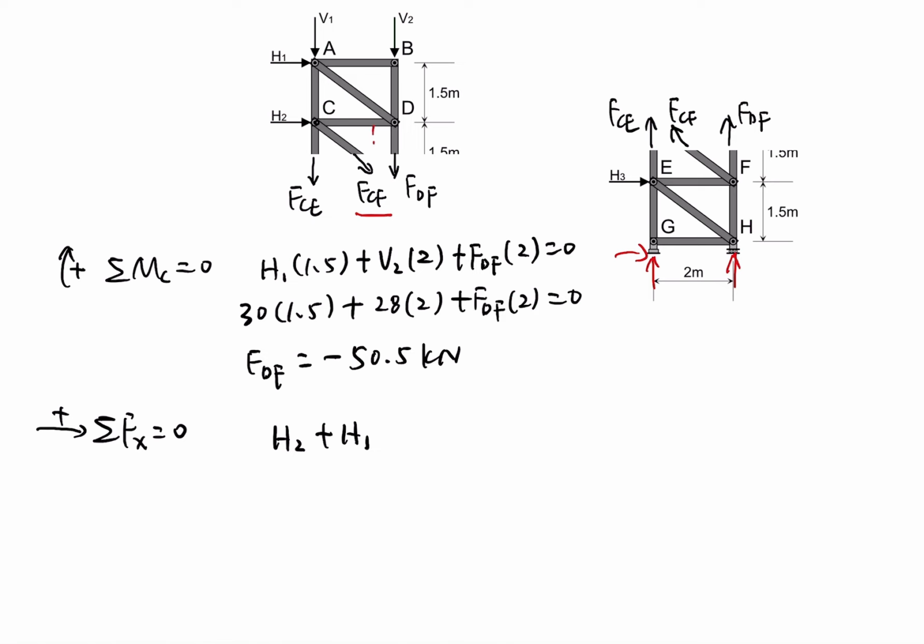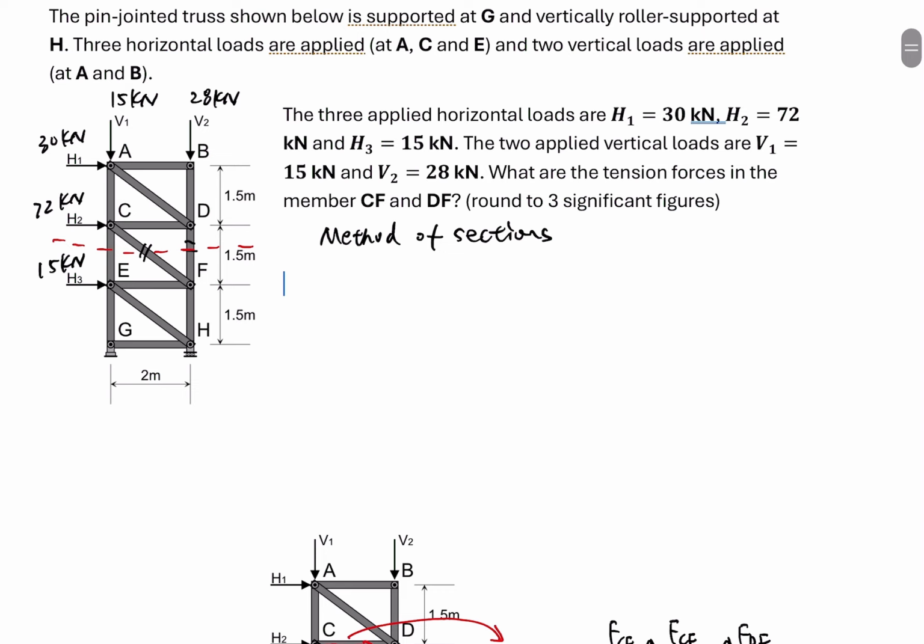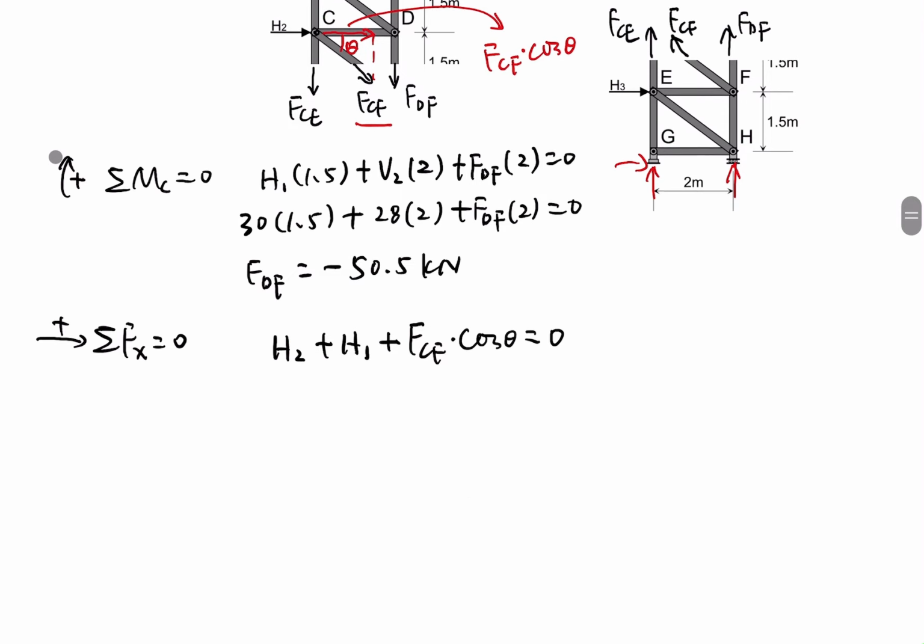If this is theta, the component of FCF is FCF times cosine theta, and that's all the horizontal forces. So horizontally the sum equals 0, and we know H2 is 72 kilonewton and H1 is 30 kilonewton. So we plug in here.